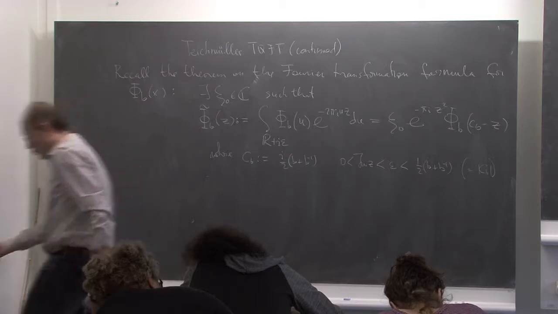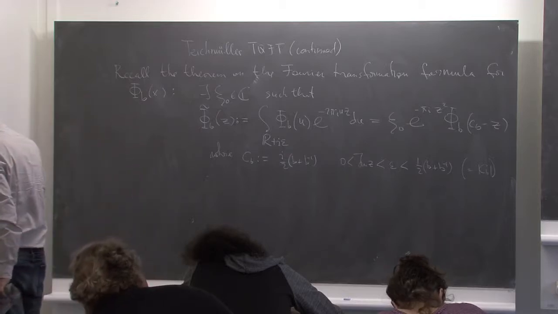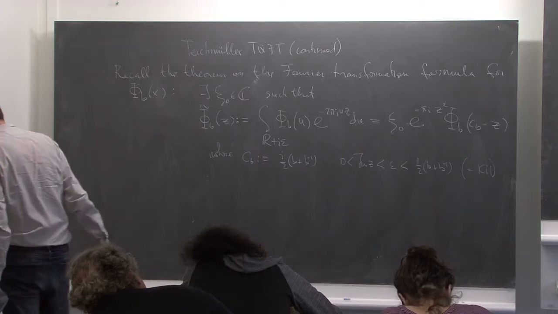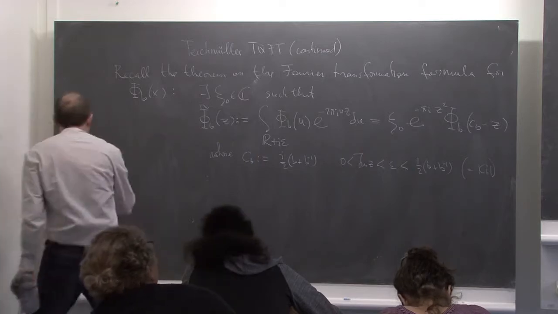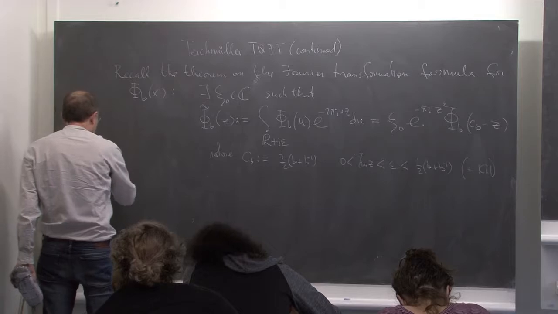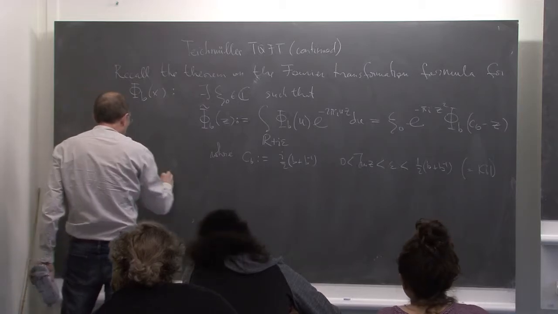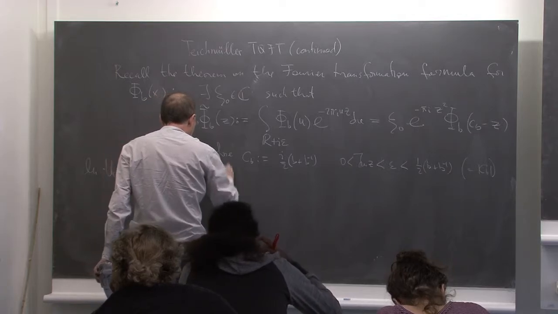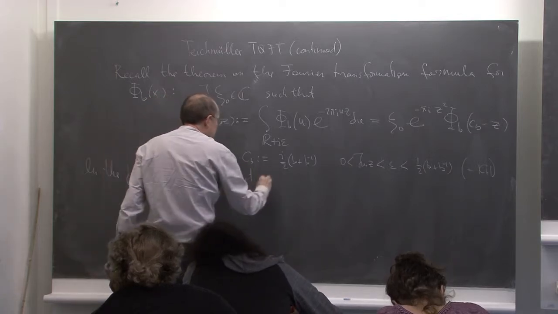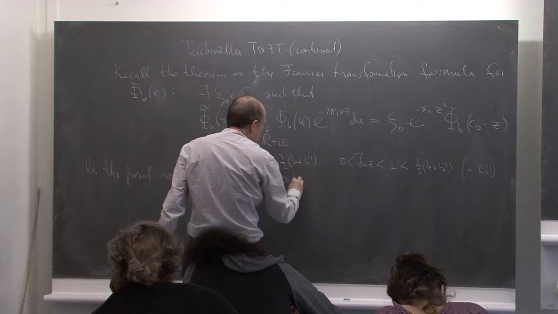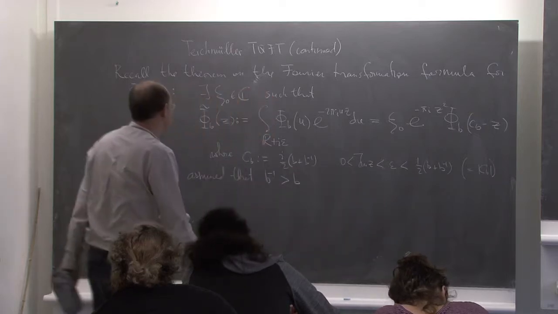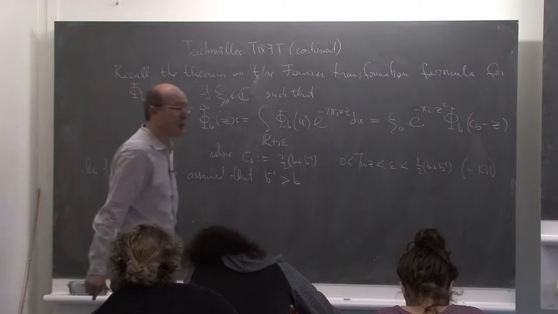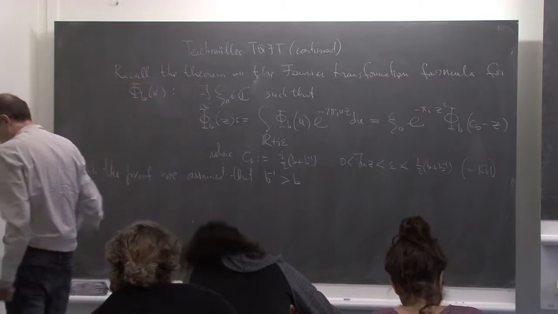And so we started the proof last time, and we ended up at the formula. So in the proof, we assumed that b inverse is bigger than b, right? That was a necessary condition to proceed with a functional equation, which is not a big deal.